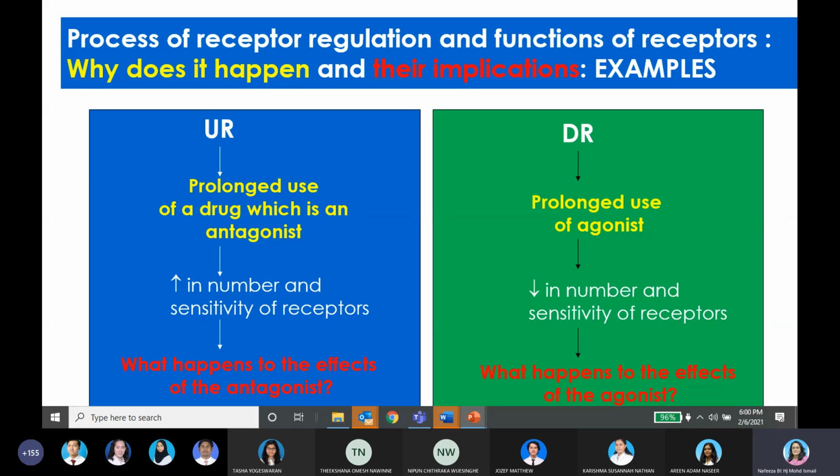Some of you may find it difficult to understand competitive antagonism, partial agonism, antagonists, full agonists, spare receptors, and all sorts of concepts, and not only pharmacodynamic concepts, but also pharmacokinetic concepts. It takes a while. Somebody actually asked me a pharmacokinetic question yesterday, and I'm happy to answer that too. So you can contact me through Teams as well.